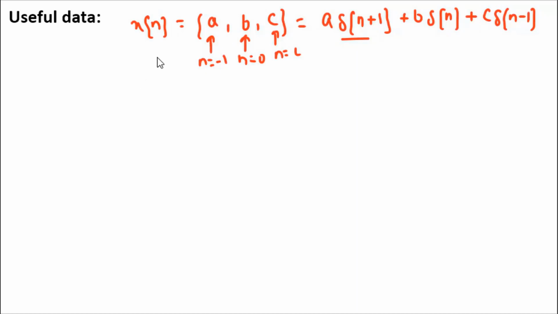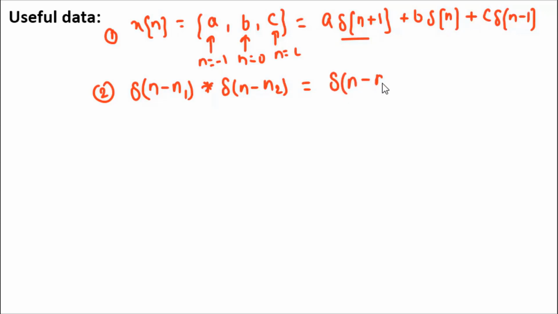The second useful data for this question is that if you convolve two impulse signals, one delta of n minus n1 and the second delta of n minus n2, you get delta of n minus n1 minus n2. The third useful data is the definition of convolution.